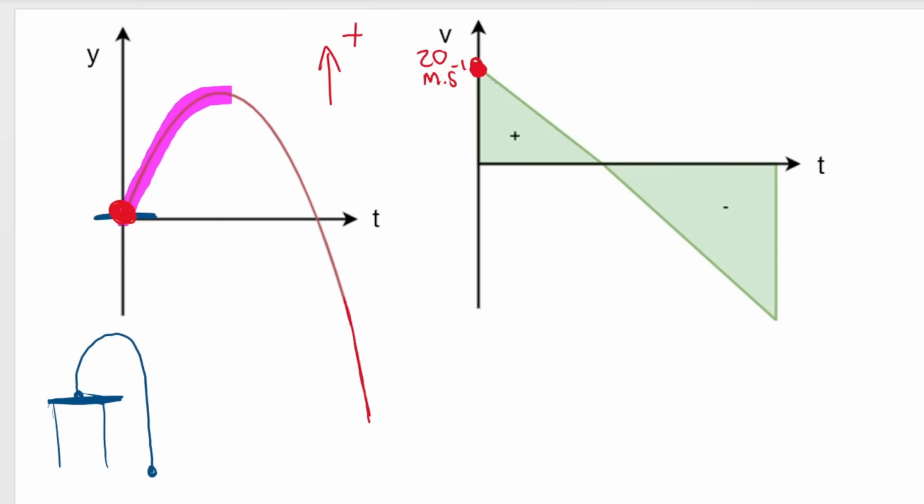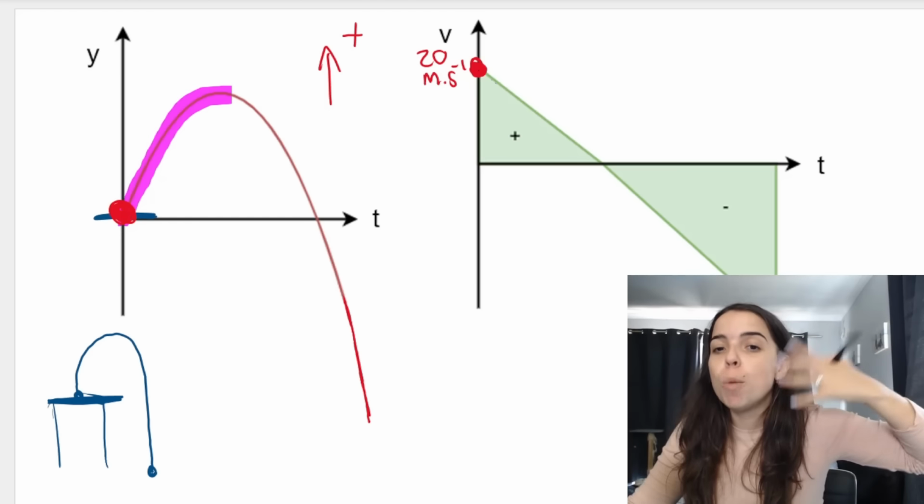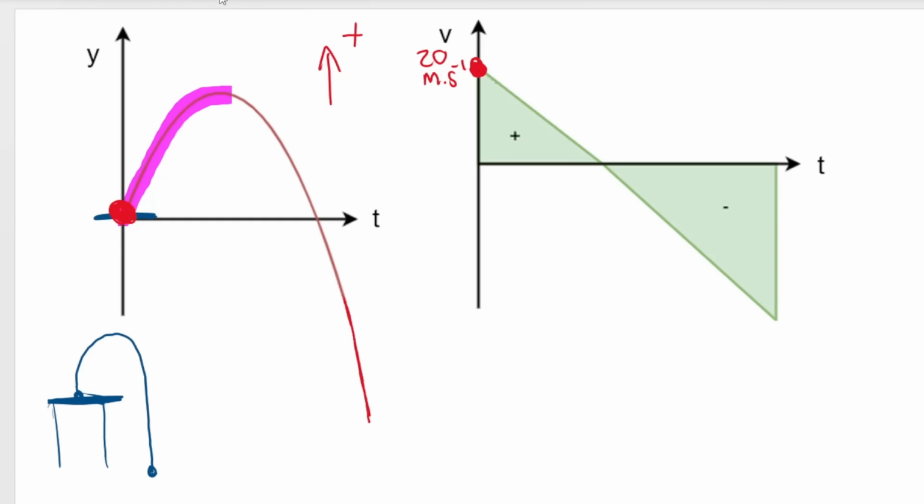As the object is going up, it's traveling higher, but the object is getting slower, which is why the velocity values are decreasing. So over here, it might be 15 meters per second, 10 meters per second, 5 meters per second, until eventually it gets to the top over here, where velocity is 0.